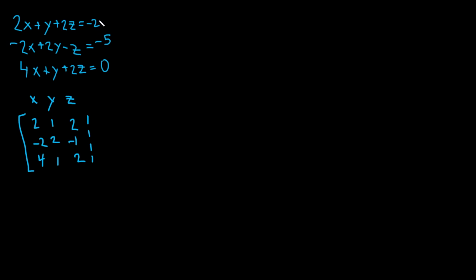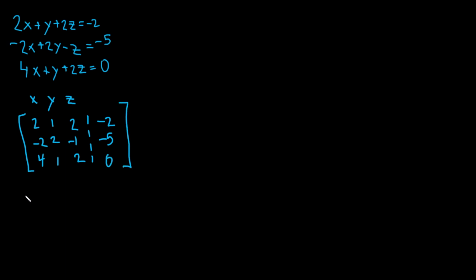Here, these values would be -2, -5, and 0. The first row would have -2, since 2x plus 1y plus 2z is equal to -2. The second row would have -5, because -2x plus 2y minus z is equal to -5. The third row would have 0, because 4x plus 1y plus 2z is equal to 0.